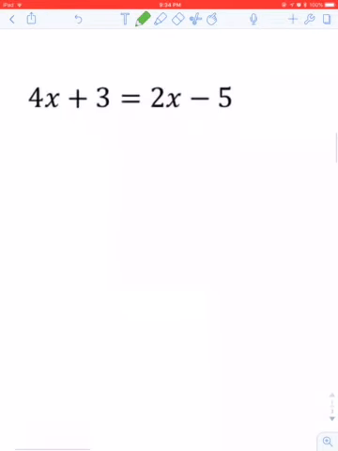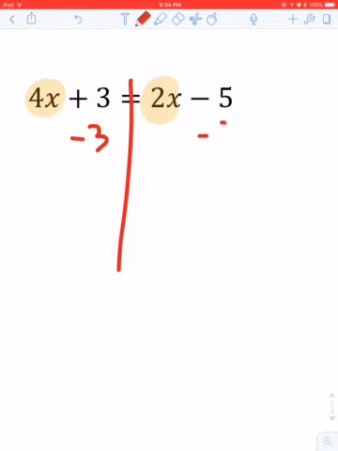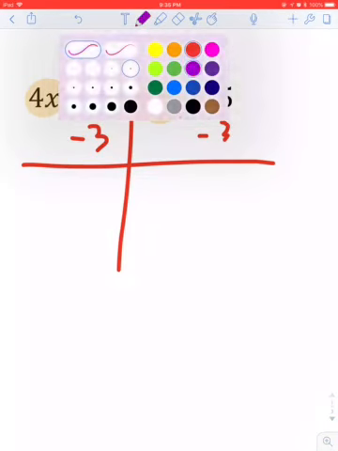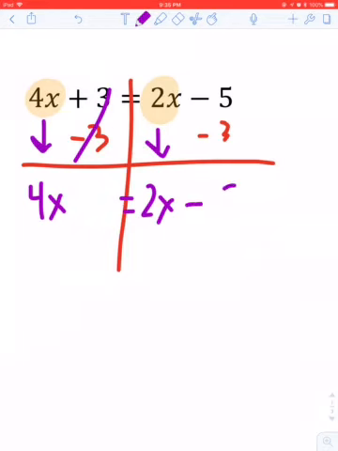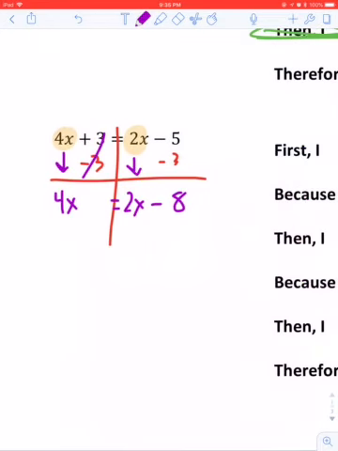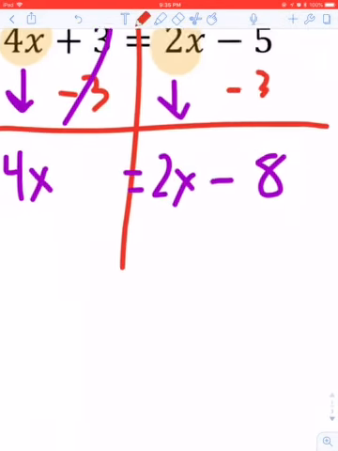So first thing I would do here, first we identify our x and we draw that line. I'm going to subtract 3 to both sides, and notice that I lined the 3 up with the negative 5 because those numbers don't have an x. So this 4x, we did not do anything to it, so that comes down. 3x goes away. Same thing with the 2x, we didn't do anything to it. And then negative 5 minus negative 3, that gives you negative 8. Okay, next step.